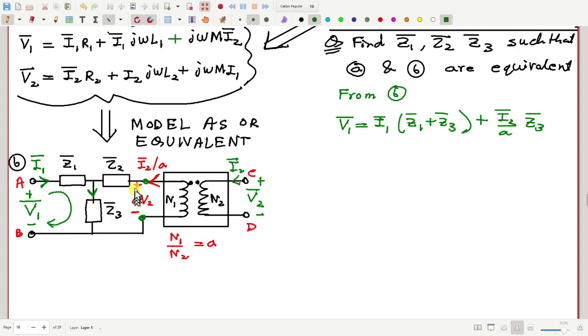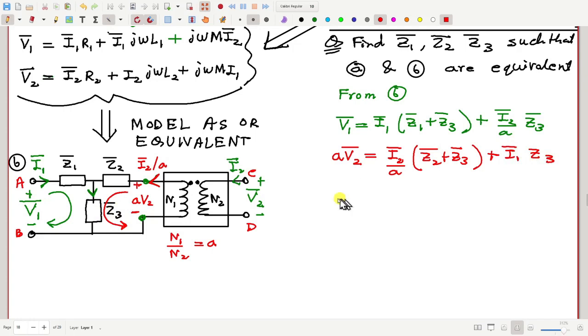And similarly, now look at this voltage V2 and apply KVL, adding up the voltages here. Then this voltage A V2 should be equal to, just apply the mesh rule, I2 by A into Z2 plus Z3, plus I1 into Z3. Could you please check once?